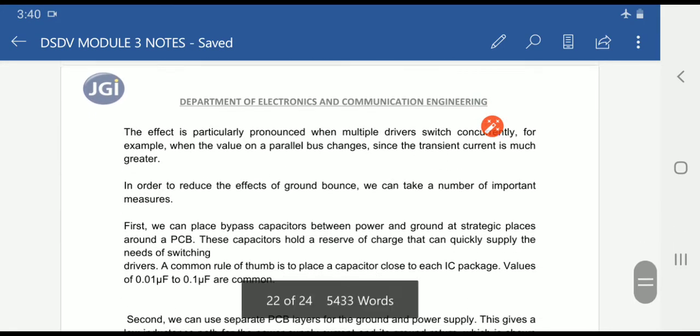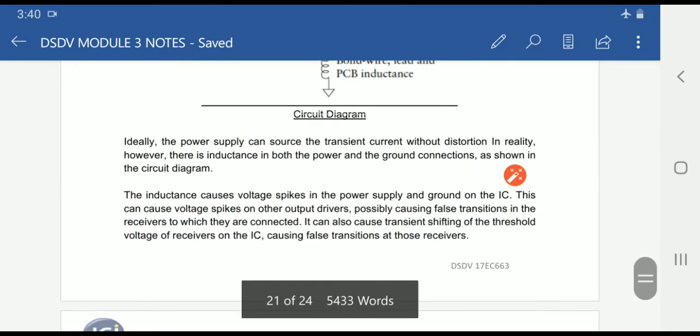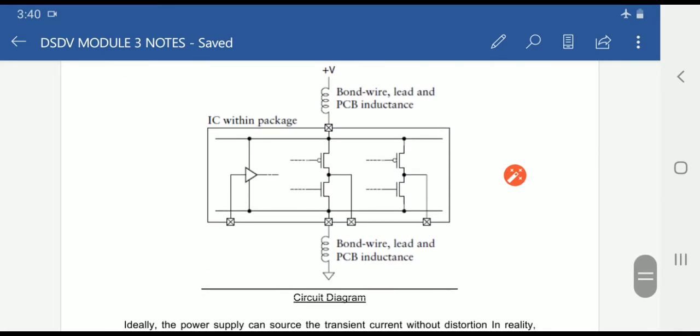This effect can be reduced when we connect bypass capacitors between the power and ground. Thereby it holds the reserve charge which appears like spikes between the plus volts and the ground. When we reduce the spikes by the bypass capacitor, thereby it reduces the inductance. That is the first way.